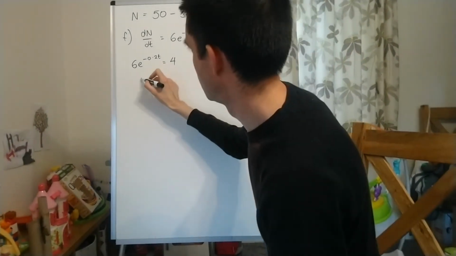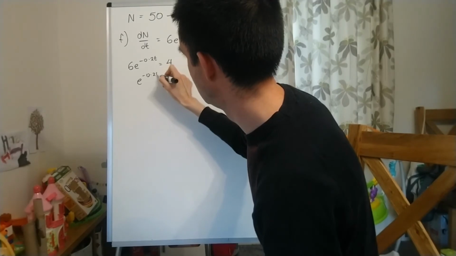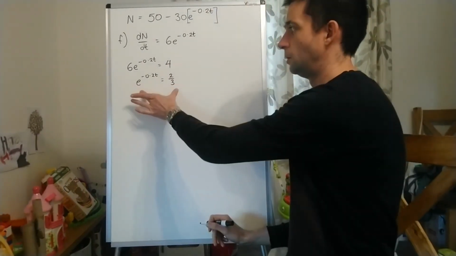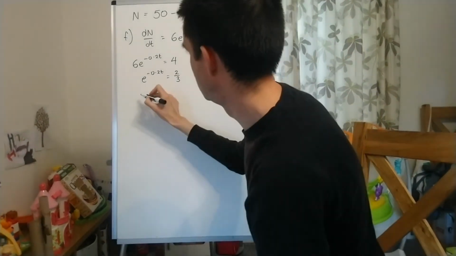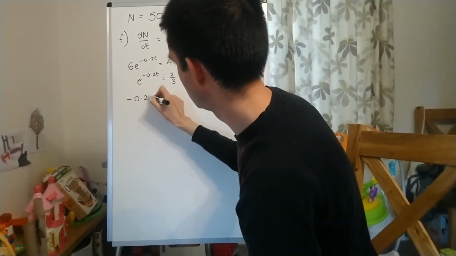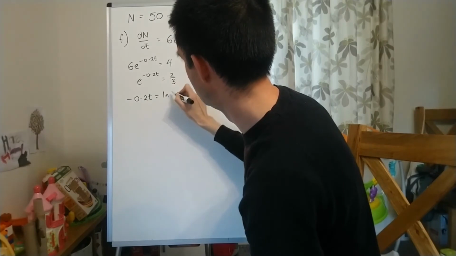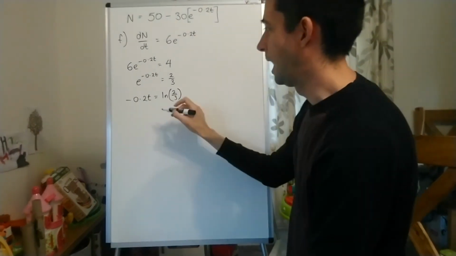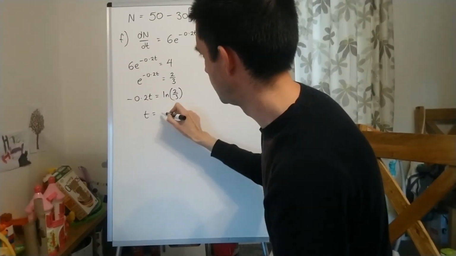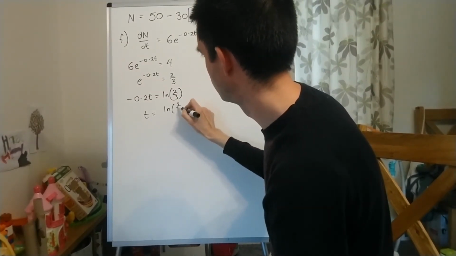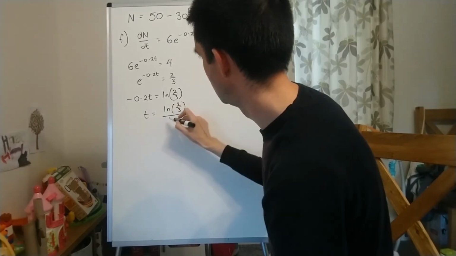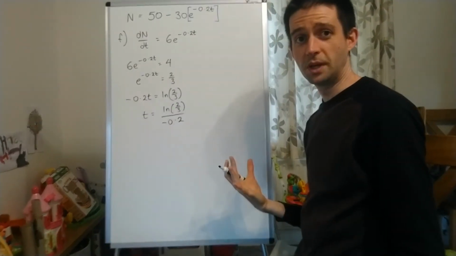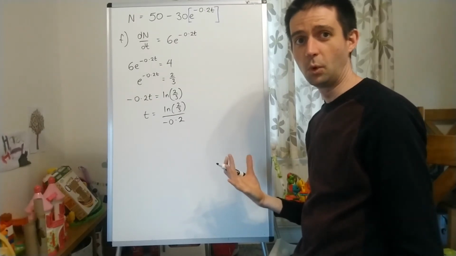Divide by 6, I'm going to simplify that to be 2/3. Ln both sides, so negative 0.2t equals ln of 2/3, and I'm then going to divide by the negative 0.2 to say that t is ln of 2/3 divided by negative 0.2.